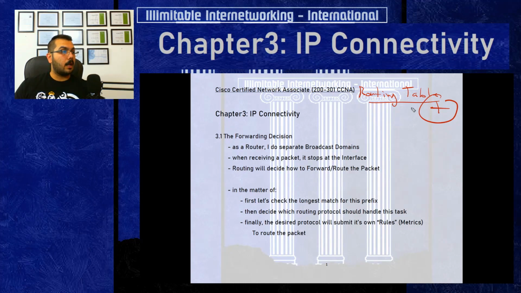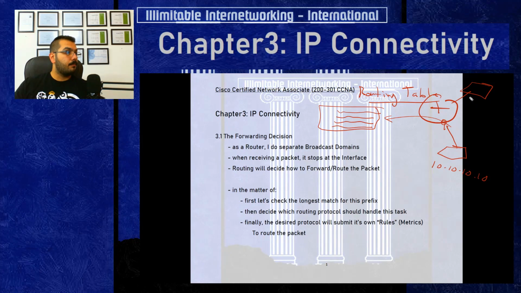So what a routing table will do is that it will have the routes installed, and we will see this in a few minutes. The routes are installed already in the routing table. So once a packet is received on an interface, the router will directly check the routing table and see that this packet came from maybe this device, 10.10.10.10, and it wants to go to maybe 10.10.11.10.